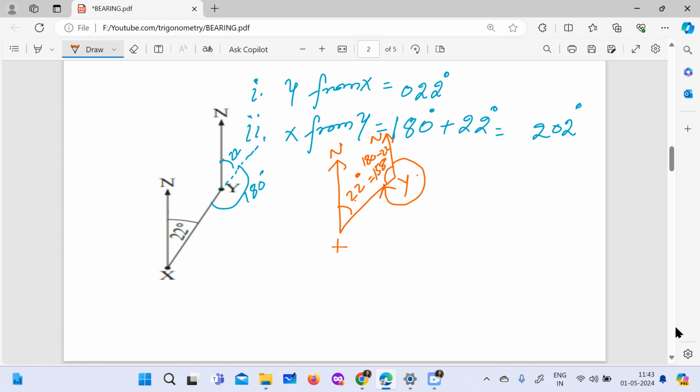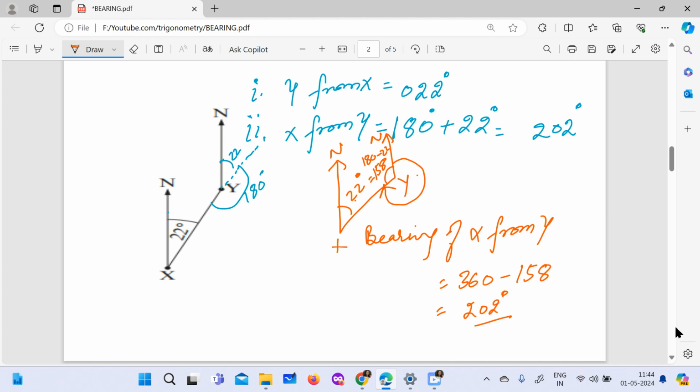Then you can write bearing of x from y is equal to 360 minus 158, and then it will give you 202. Follow whatever method, your answer will be same.